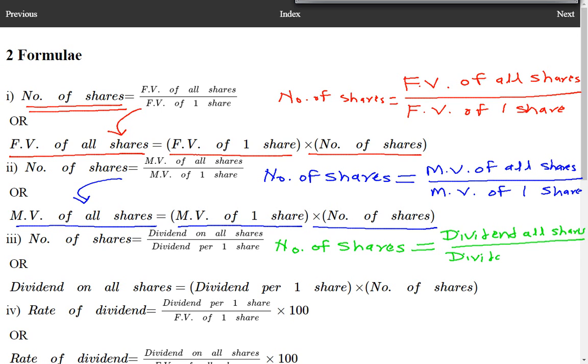So total dividend divided by dividend per one share, we get number of shares. This formula is again equivalent to: dividend on all shares is equal to dividend per one share into number of shares.